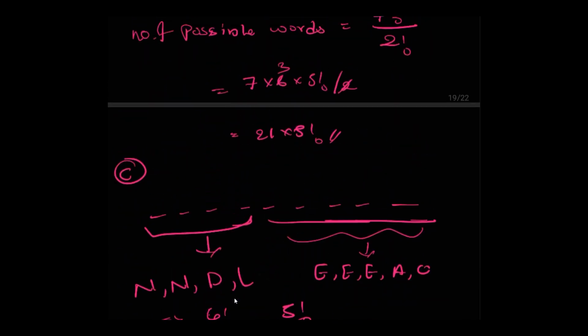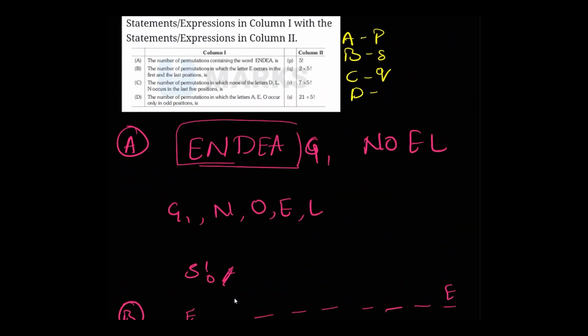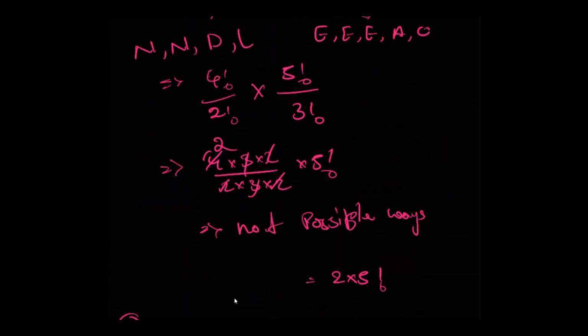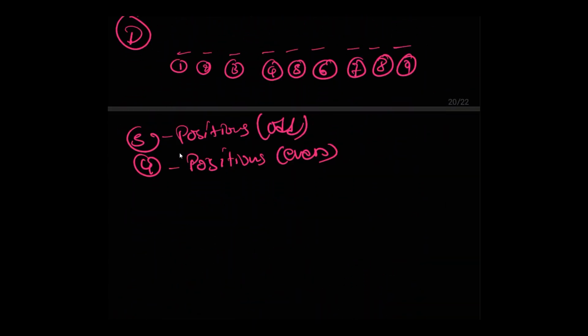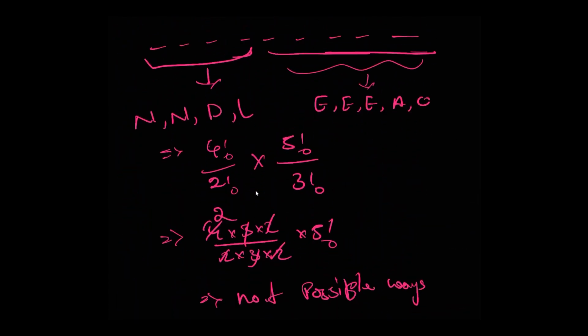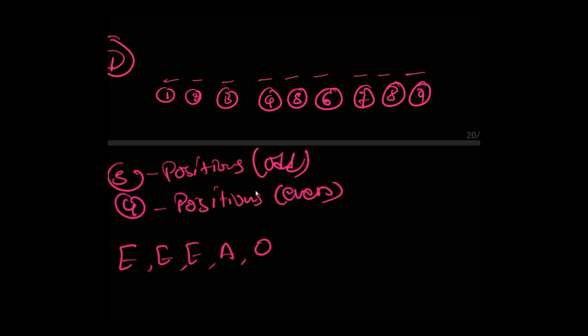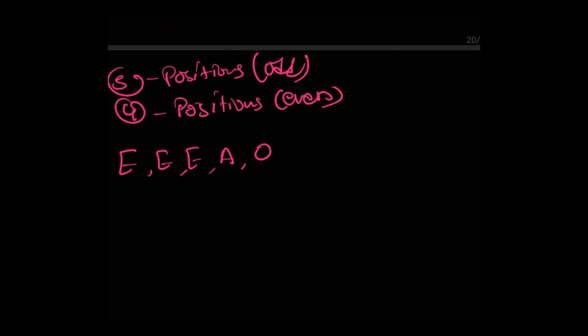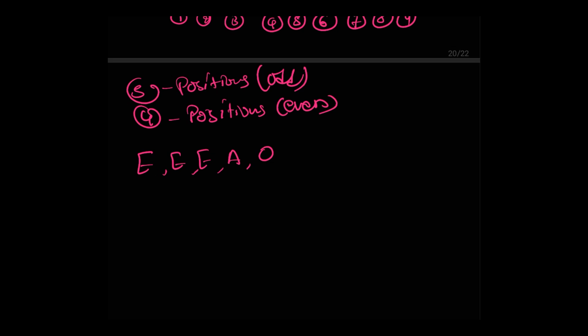Then how many letters are there with letters A, E, and O? 5 letters: E, E, E, A, O. And the remaining are N, N, D, L.